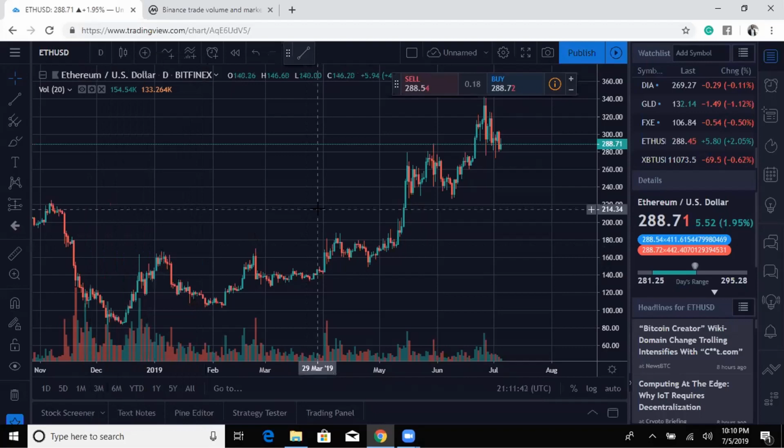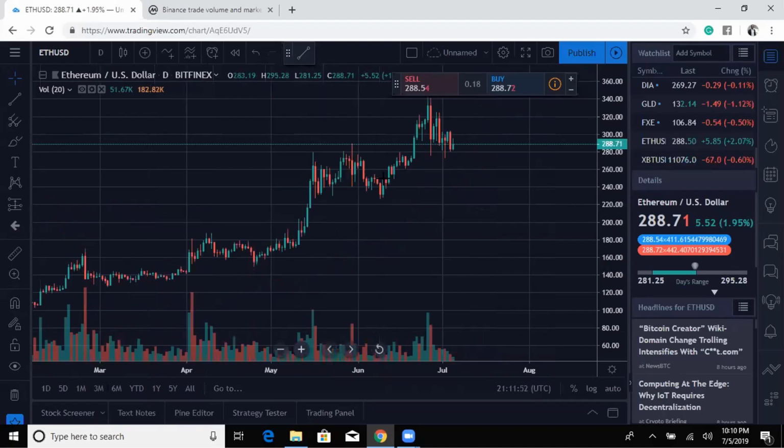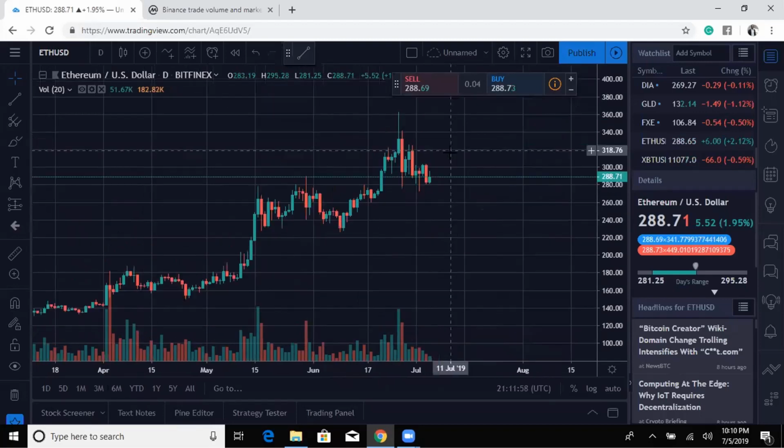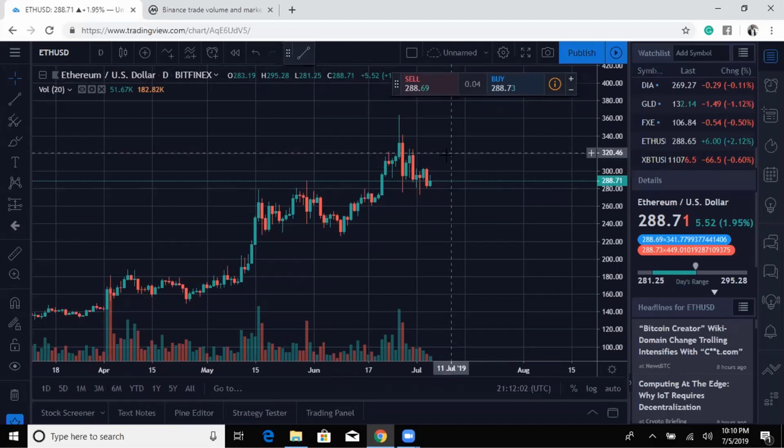So for those of us who have been using the daily chart, for the daily chart right here that we are looking at, for each candlestick, I just wanted to mention this real quickly. Every single candlestick that you're looking at on the daily chart is actually one day.